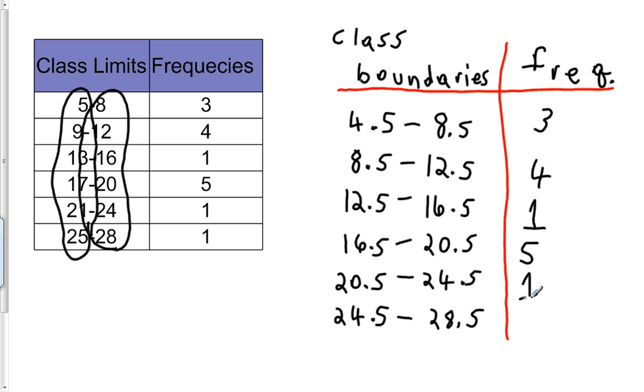And from here, now that we have our class boundaries, we can actually create our histogram. So I'm just going to make a set, and I'm going to put my class boundaries in that set. My first class boundary was 4.5. It's the lower class boundary of the first class. The next class boundary is 8.5.